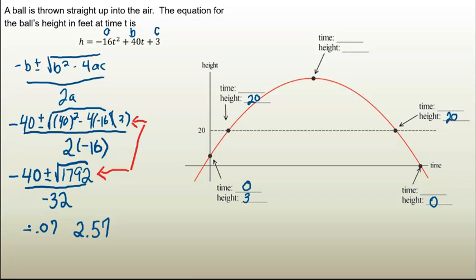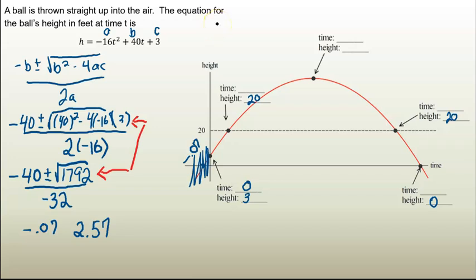We generally ignore this negative 0.07, and the reason isn't that it doesn't exist as a quadratic function. It's because it doesn't exist physically in this case. Negative 0.07 is the first x-intercept, which happened prior to launch. In other words, this part of the graph does not exist.